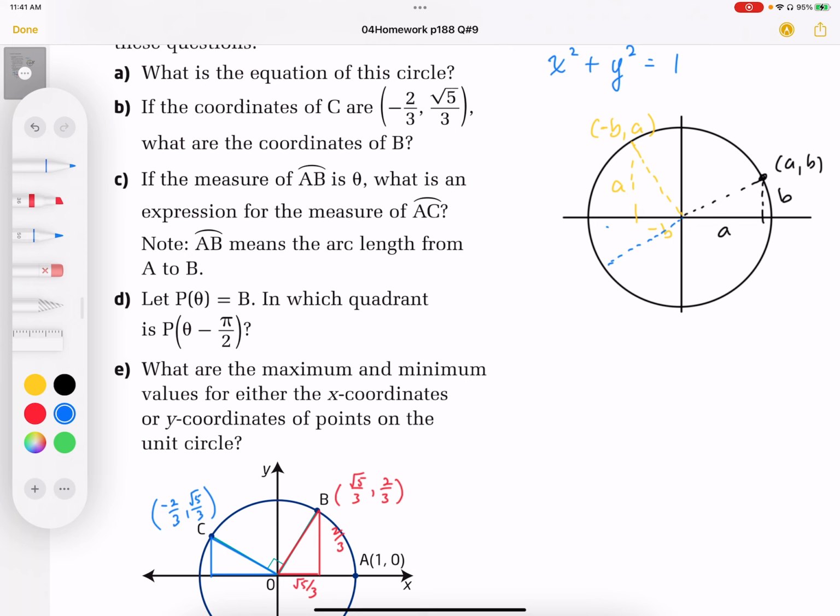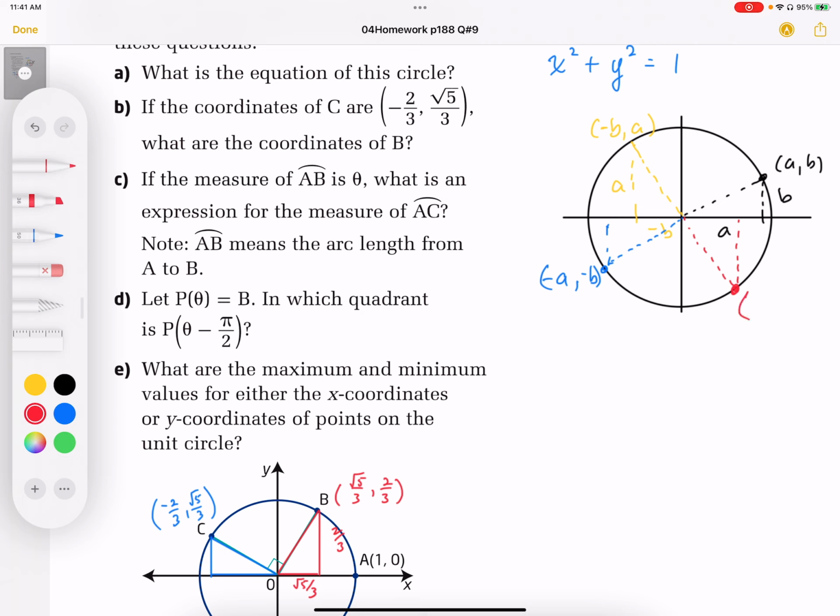So I know that here, I get the same triangle. That point here is going to have a distance of negative A. So instead of positive A, I'm going negative A. Instead of going up B, I'm going down B. And then the same can be said. So notice that from the yellow to the blue, again, we switch the X and Y, and we make one of them negative. And the same thing is done when we rotate it another 90 degrees.